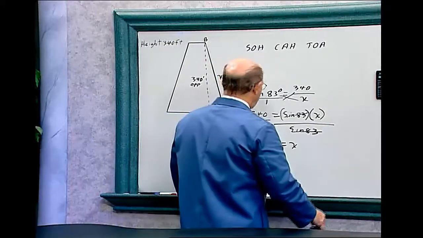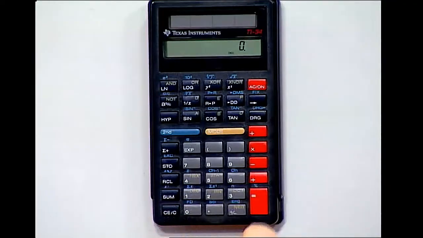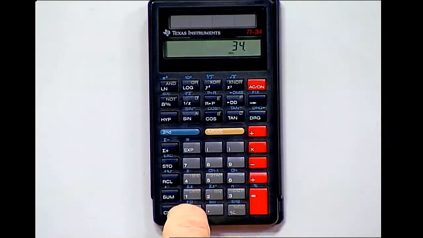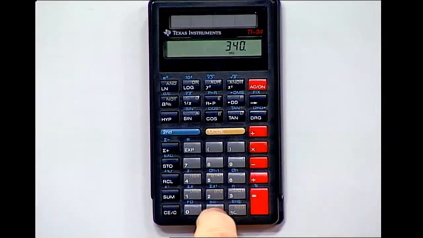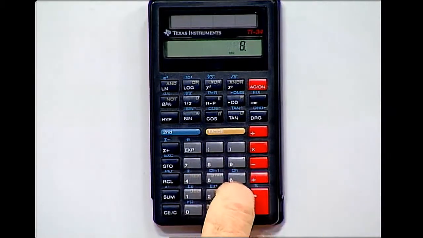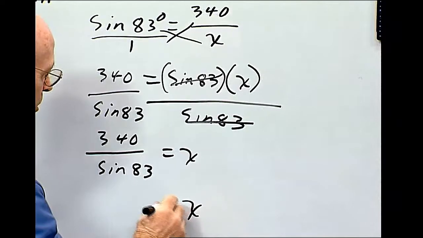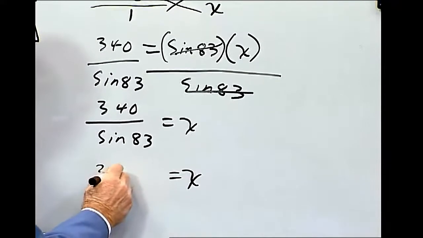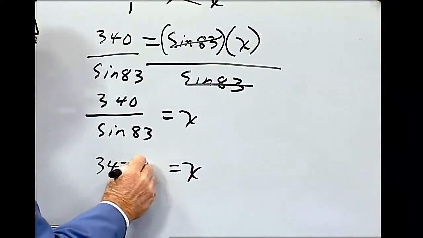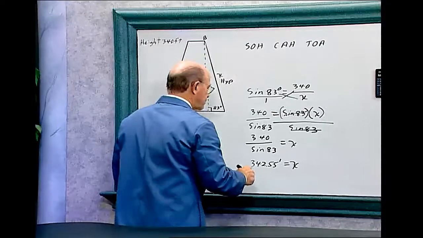Let's go to the calculator. So 340 divided by sine of 83 equals 342.55. So x equals 342.55 feet.